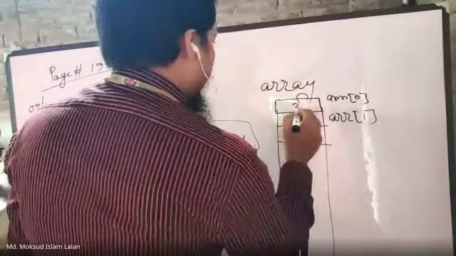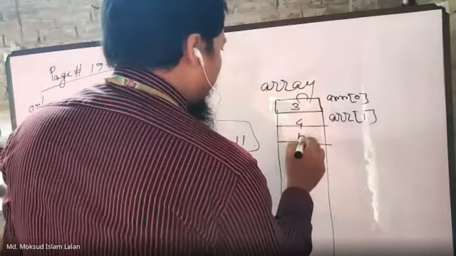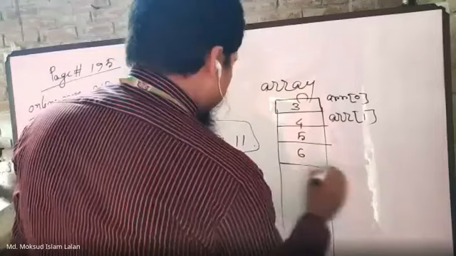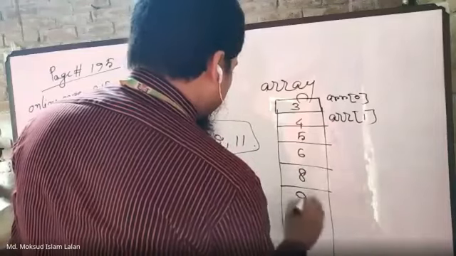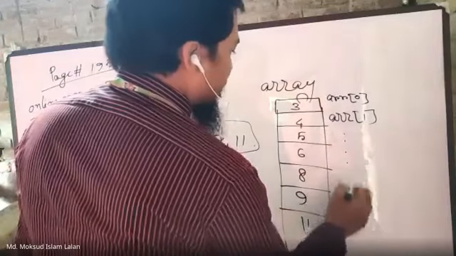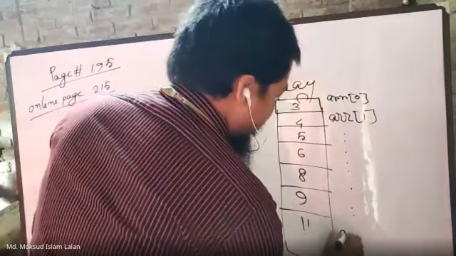So here 3, 4, 5, 6, 8, 9, 11, so the last is ARR 6, right?